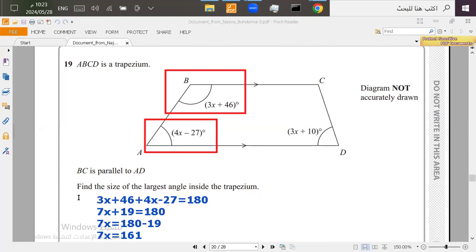Now I want to find the value of x. I'm going to divide by 7. So let's write it here. 7x equals 161. So divide by 7 on both sides, or take the 7 by dividing. Same idea. So this means what?